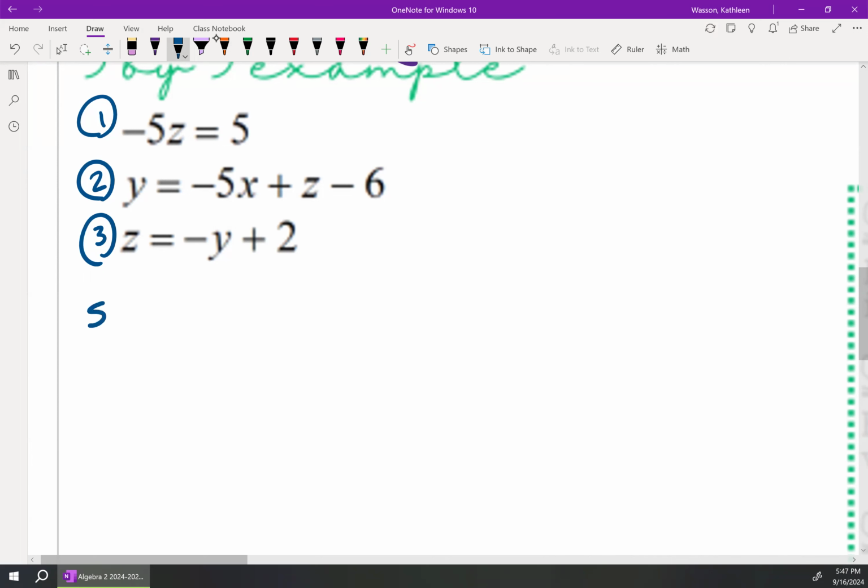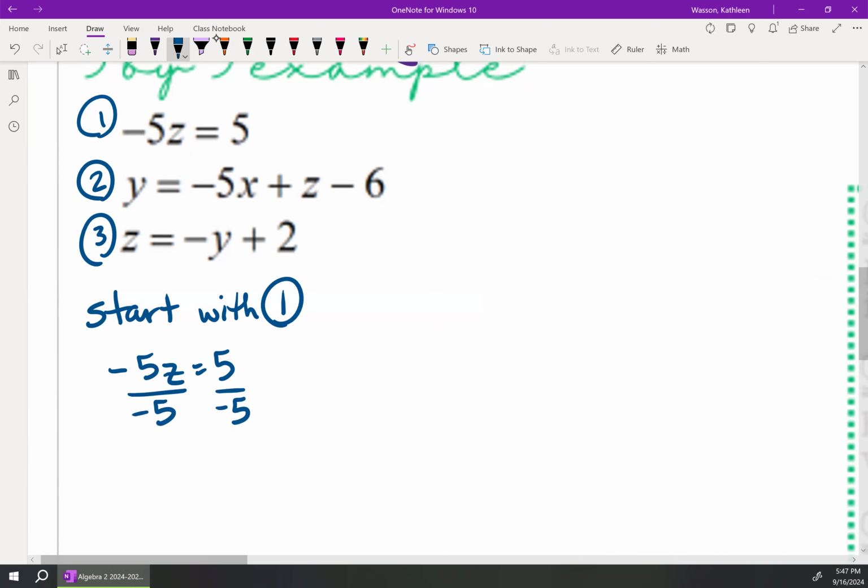So I'll start with 1. And I'll solve for z. Negative 5z equals 5. To solve for z, I divide by the coefficient, negative 5, and I get z equals negative 1.